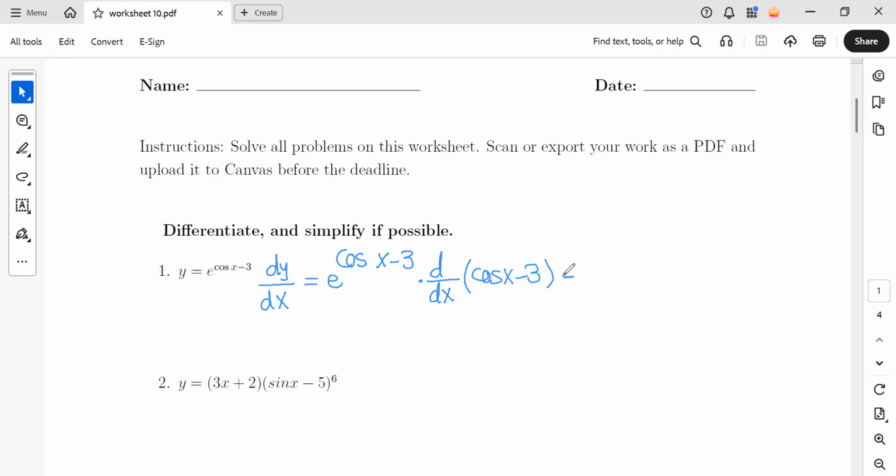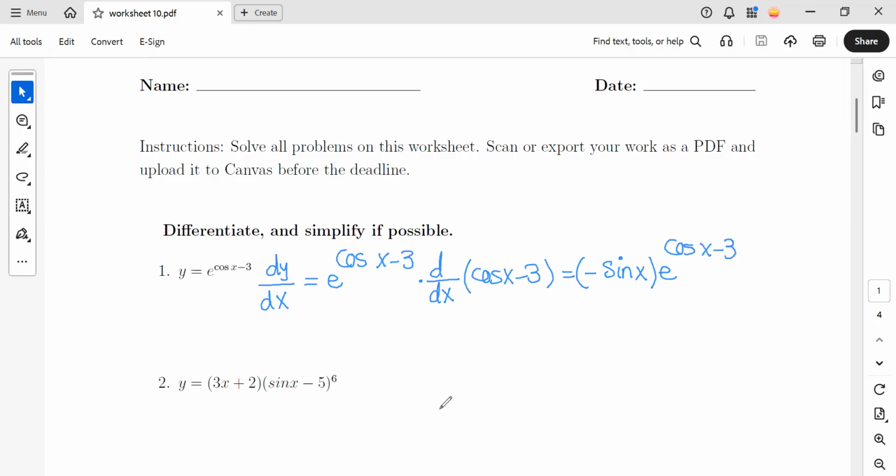So we would keep the first one as it is, and we know that the derivative of cosine is minus sine of x, and the derivative of negative 3 is 0. So altogether it will be negative sine of x times e to the power cosine of x minus 3.